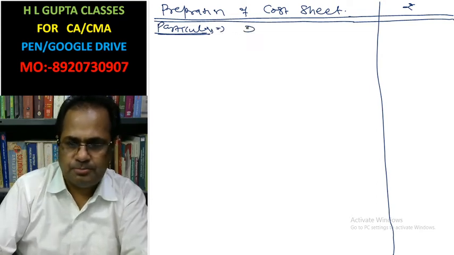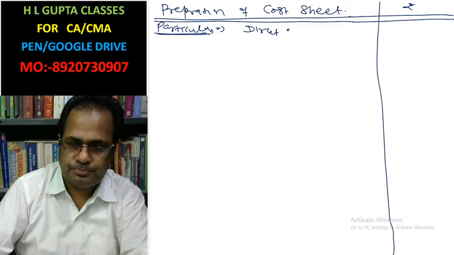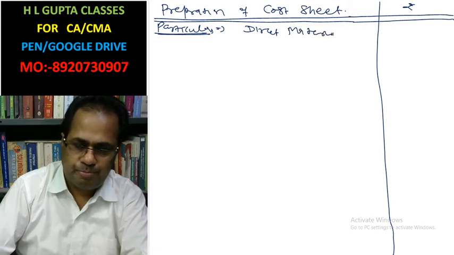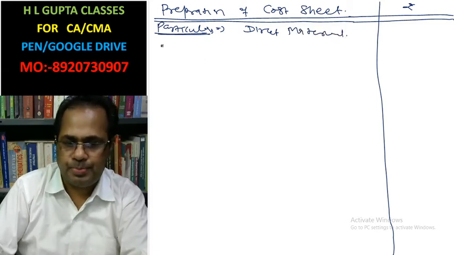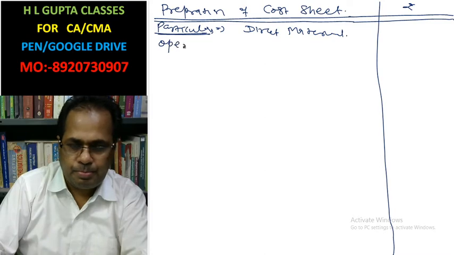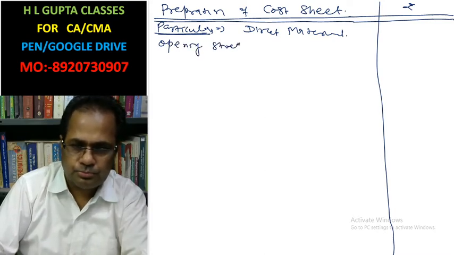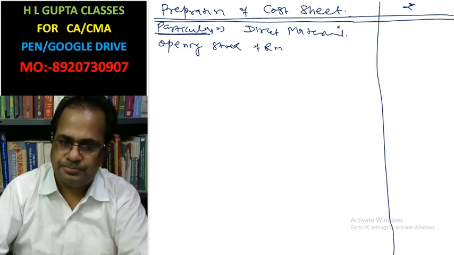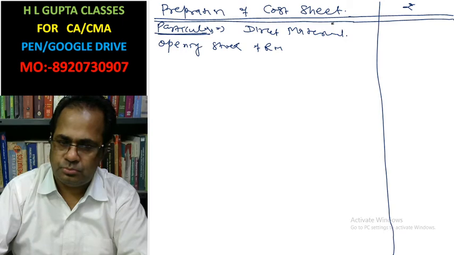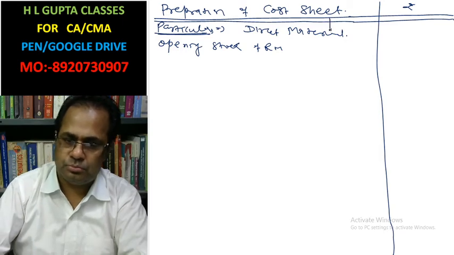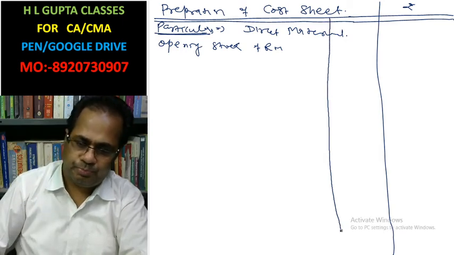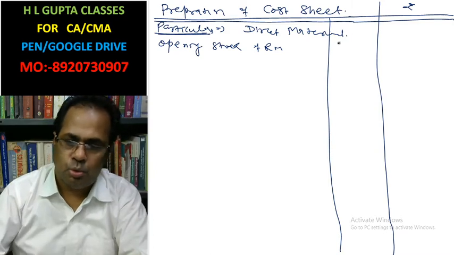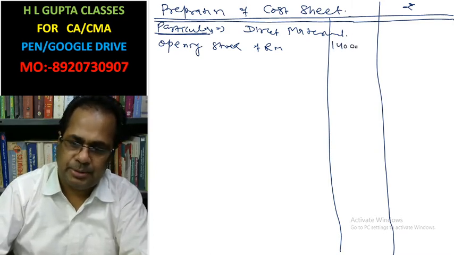Direct material: opening stock of raw material, one lakh 40,000. This is given.